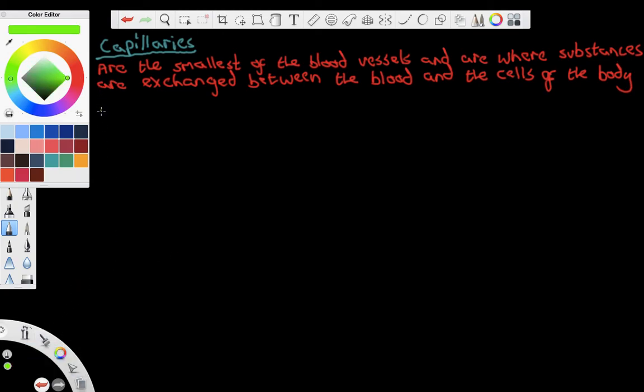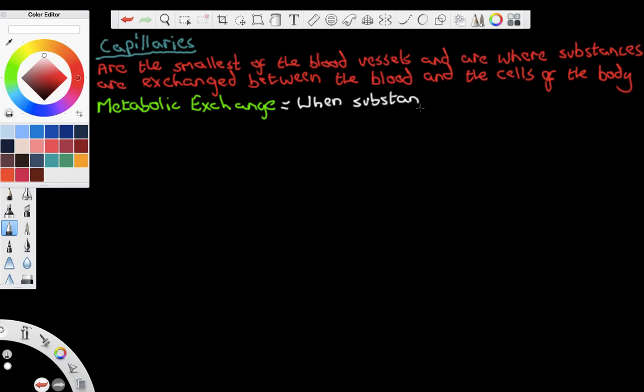So metabolic exchange is where substances are exchanged between the blood and the cells of the body.